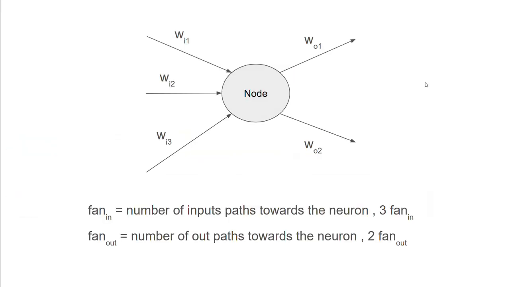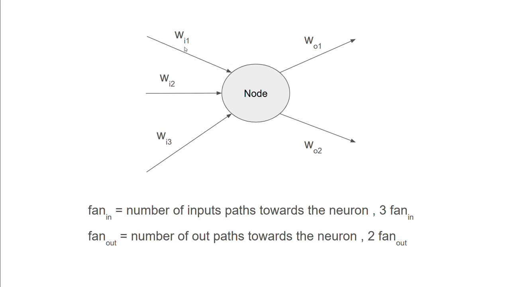Before we proceed to the different initialization techniques, we need to know this. In a node, these are the weights coming in, and these are the weights W01, W02 coming out.